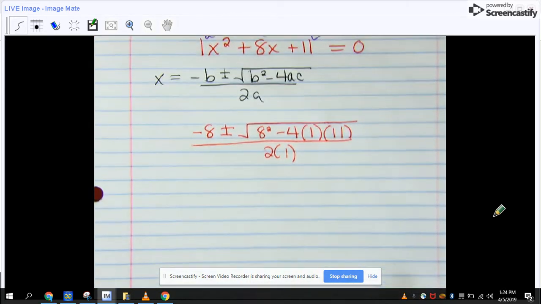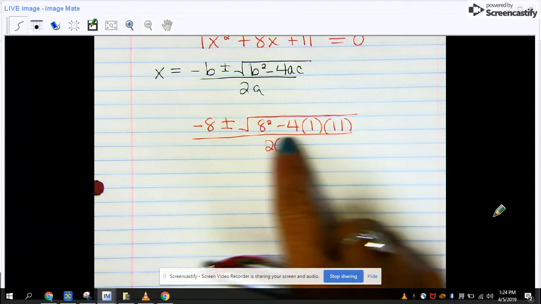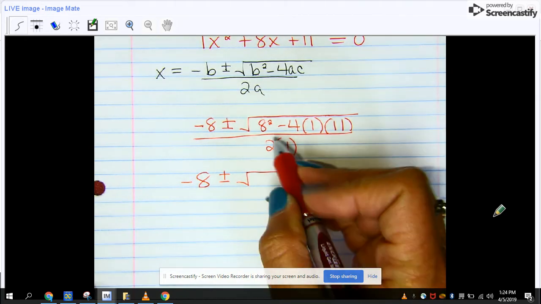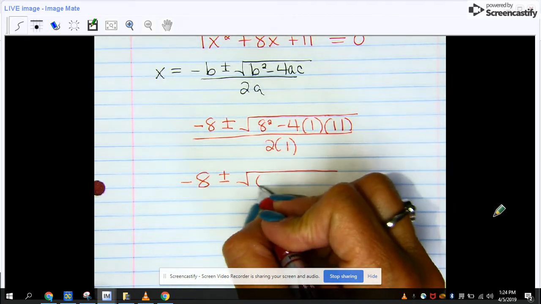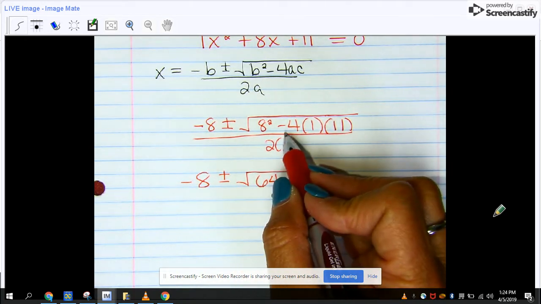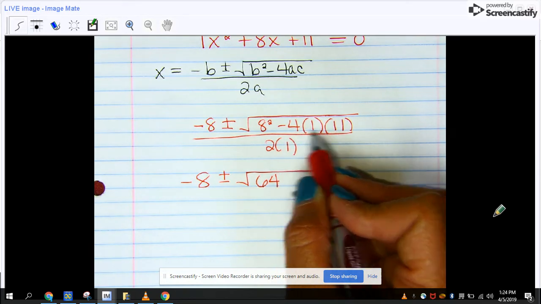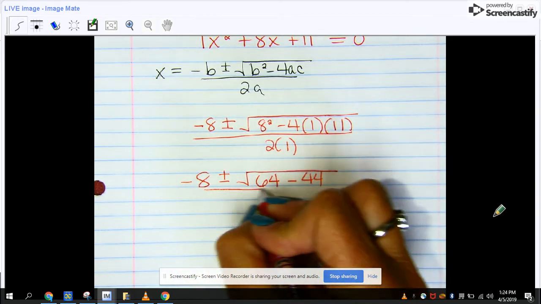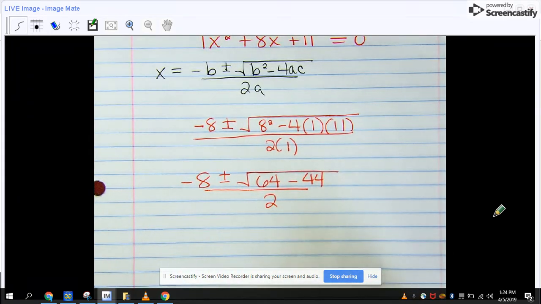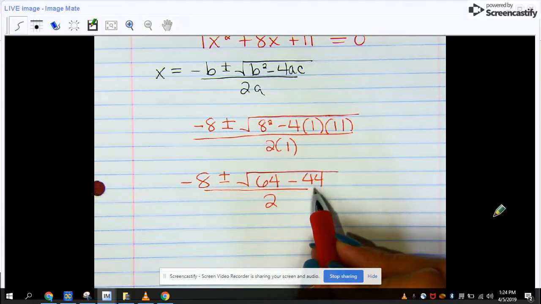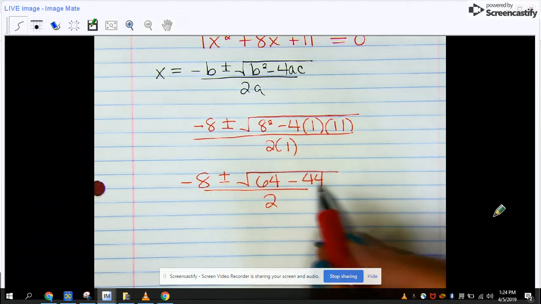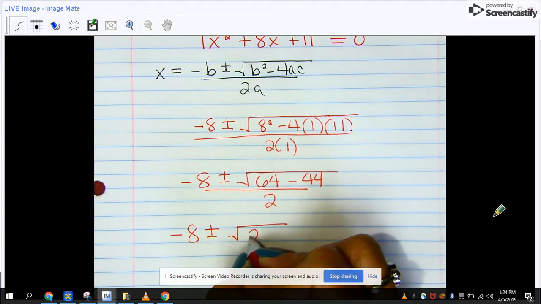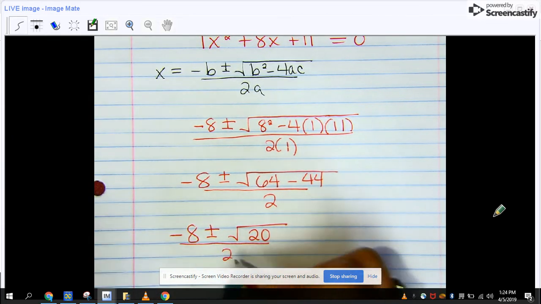So we got to end up with a number inside the radical here. So negative 8 plus or minus 8 squared is 64 minus 4 times 1 times 11 is minus 44, all over 2. 64 minus 44 is what? 20 all over 2.